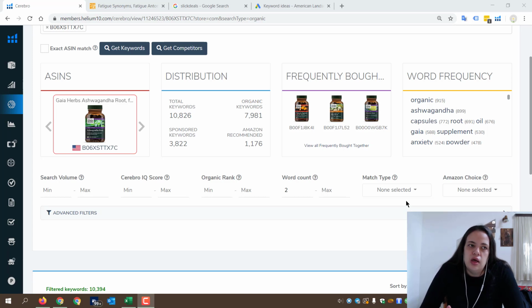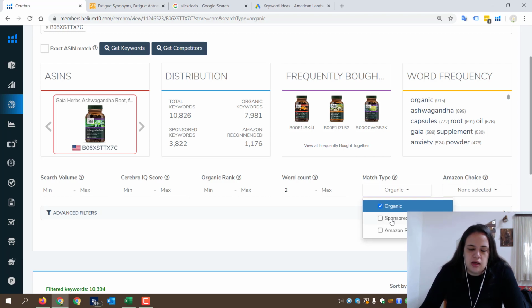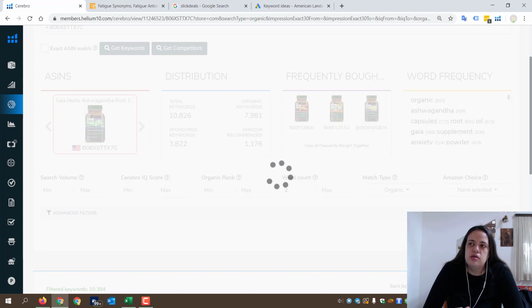But what we actually do when we're trying to find the most profitable keywords is sort them by match type. In the reverse ASIN tool, there's a filter called match type. You have organic, sponsored, and Amazon recommended. Ideally, we only download the organic ones without even looking at sponsored or Amazon recommended, because this is the set of exact keywords, with their search volumes, that your competitors are ranking for organically.